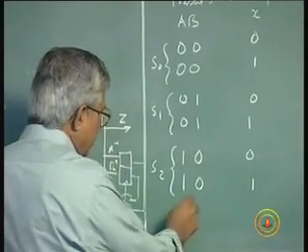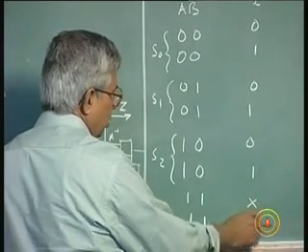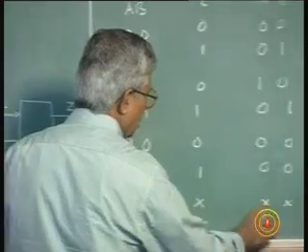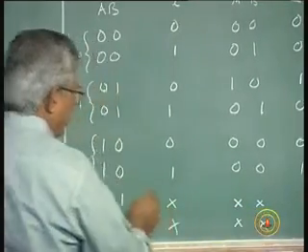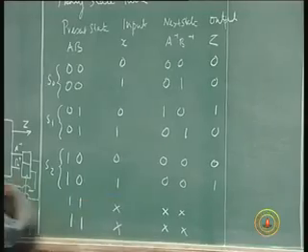The 1, 1 state is not defined, is it not? Next state is not defined because input is not defined. The 1, 1 state is not defined, so the next state is not defined.